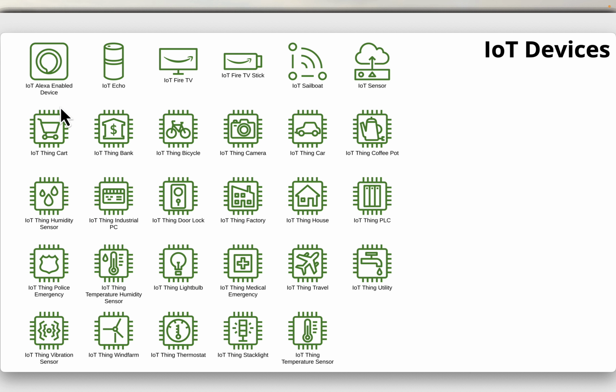So something like IoT Alexa, Echo, Fire TV, IoT sailboat, IoT sensor, IoT Think coffee pot, car, camera, bicycle, bank, cart, humidity sensor, industrial PC, door lock, Think factory, house, PLC, IoT Think utility, travel, medical emergency, light bulb, IoT Think temperature, humidity sensor, IoT Think police emergency, vibration sensor, wind farm, thermostat, stack light, and IoT Think temperature sensor.